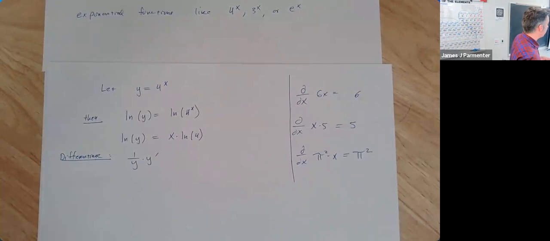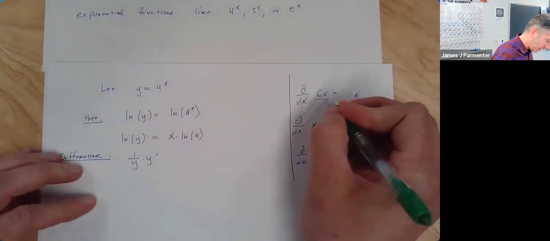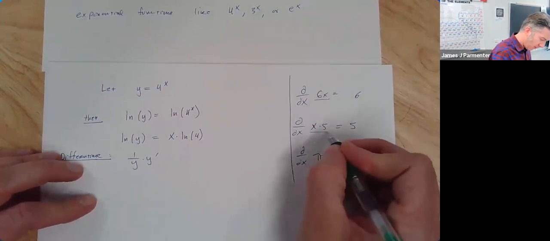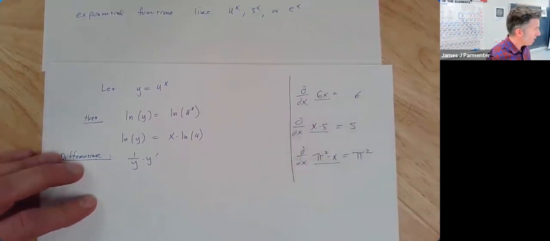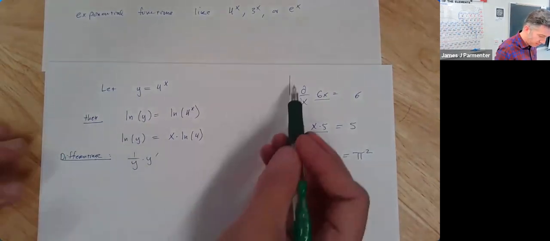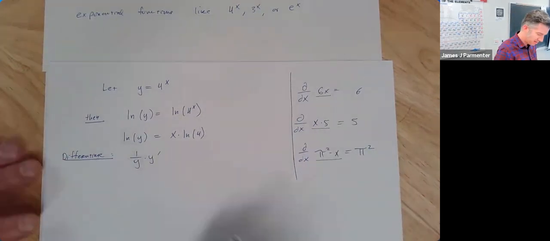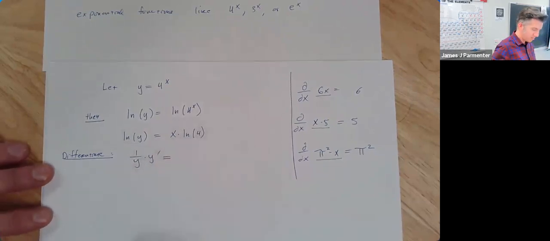Or another way of saying it is whenever you have a line with a slope of 6 or 5 or pi squared, the slope of a line is the slope of the line. So the derivative is just the slope. Okay, hang in there with me. In fact, let me write one more thing.